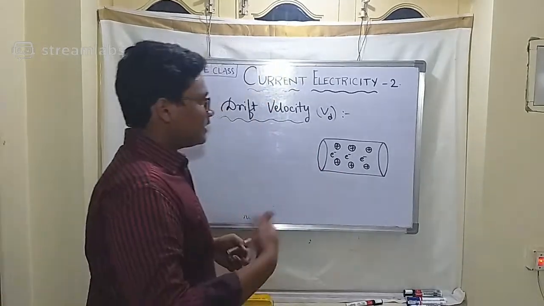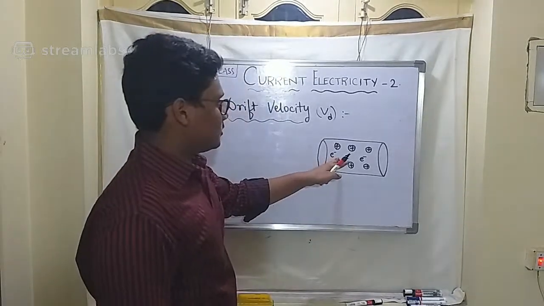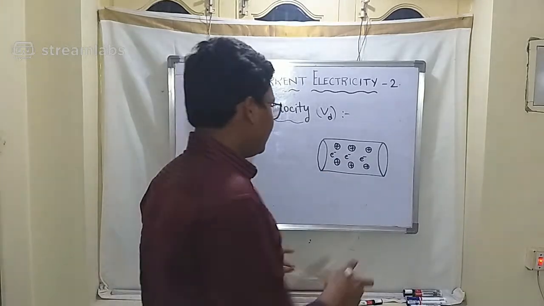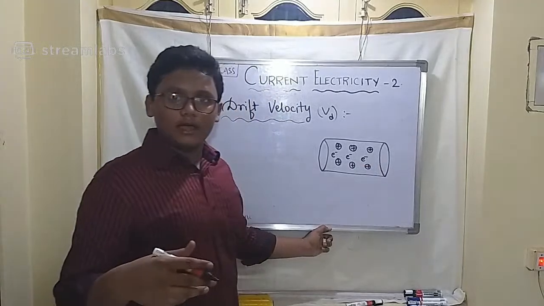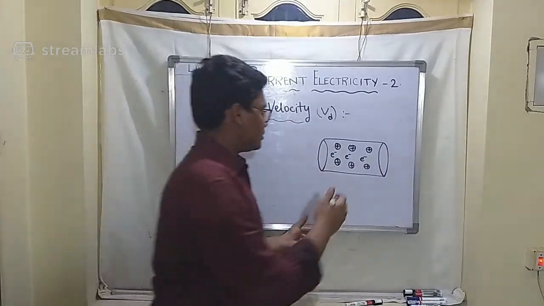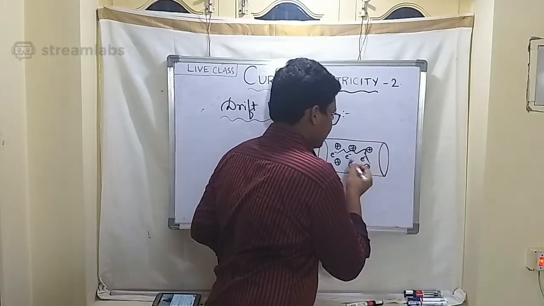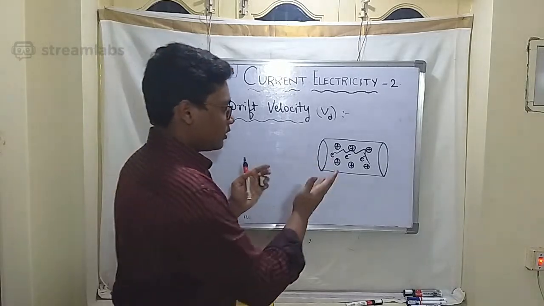And the electrons in a metal are negatively charged, and they perform random motion, because the electron's nature is to do random motion.